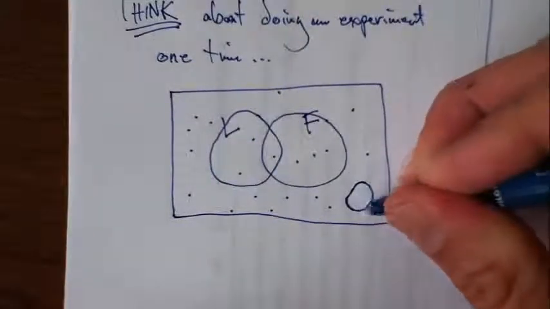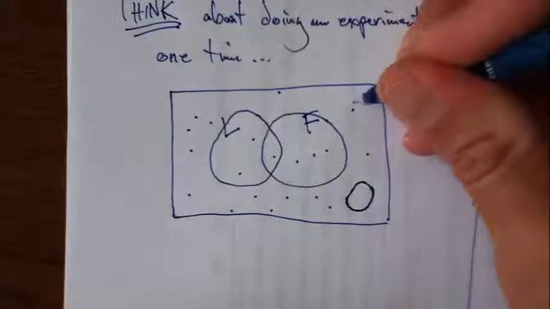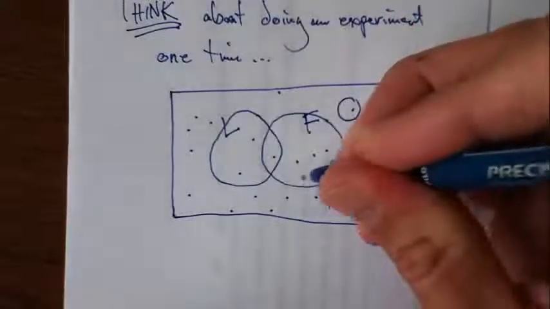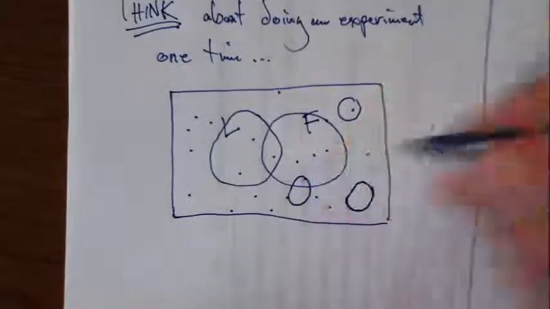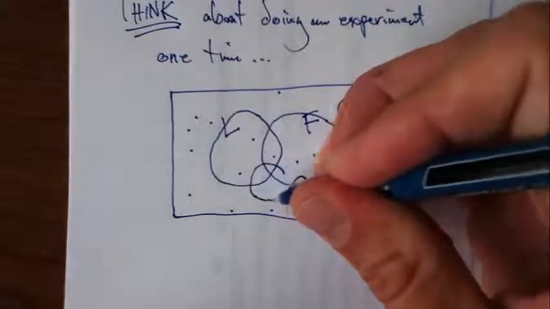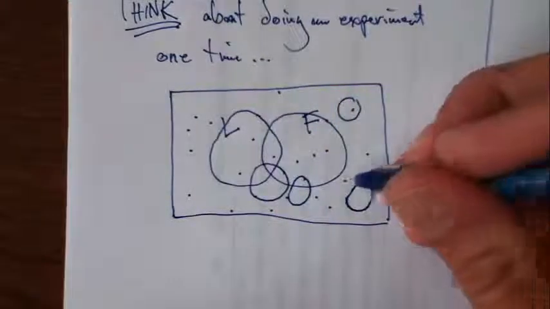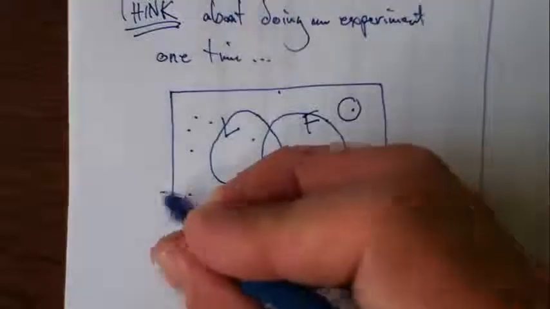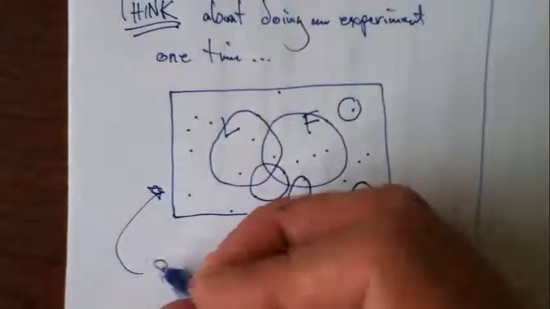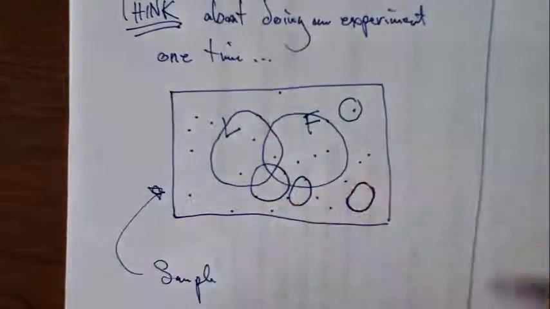There could be all kinds of little events floating around here. Maybe there's one there, maybe there's even another one right there. So this is our sample space, and it gets a special symbol.